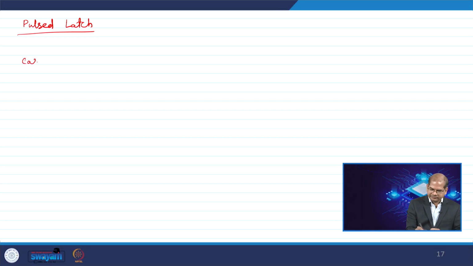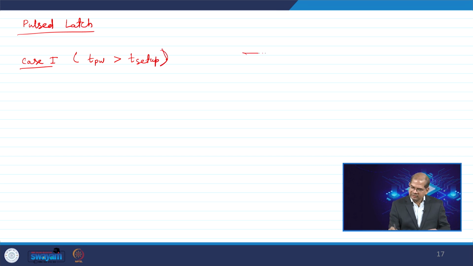There are two cases possible for time borrowing in a pulsed latch. Case 1 is where T pulse width is greater than T setup.